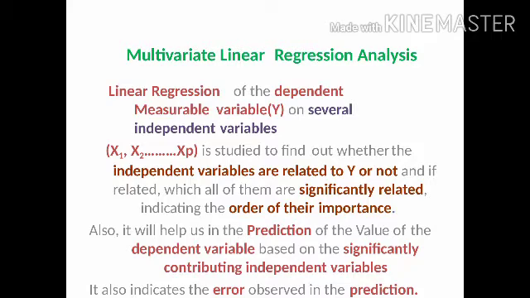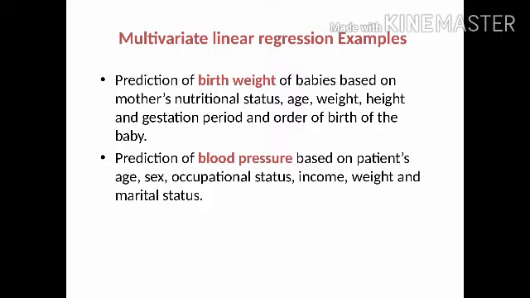So in multiple linear regression, we are predicting the dependent variable based on several independent variables. For example, prediction of birth weight of babies based on mother's nutritional status, age, weight, height, gestation period, and the birth order of the baby.